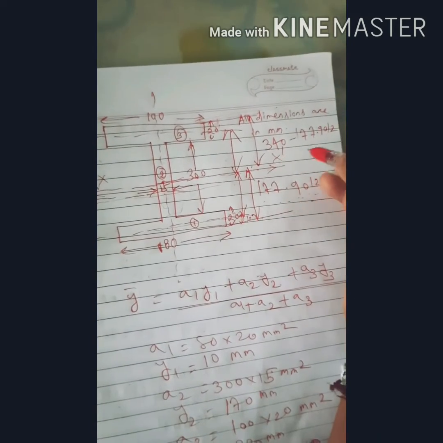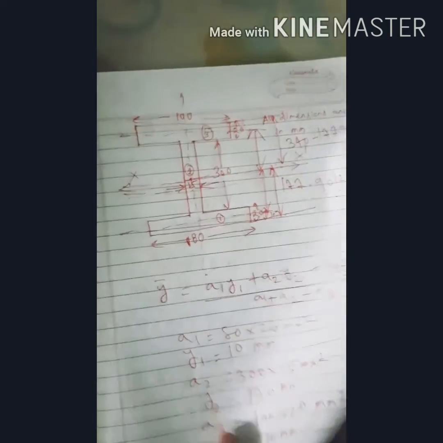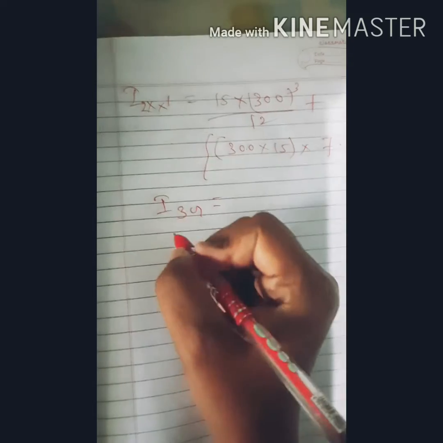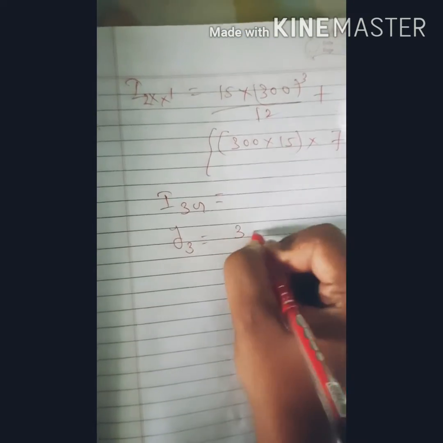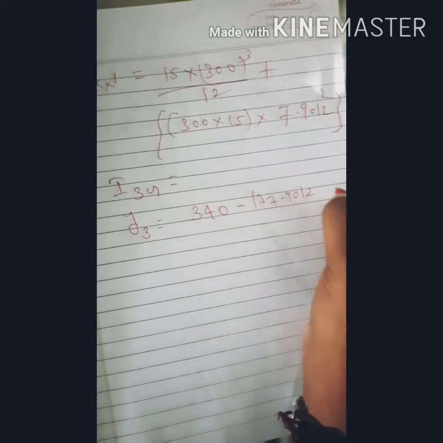So y3 equals 340 minus 177.9012 minus 10.